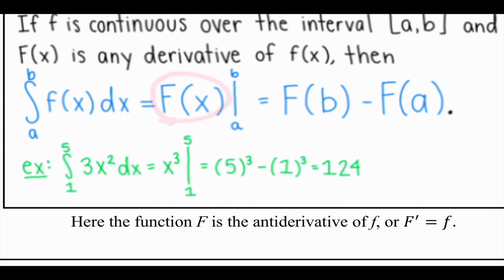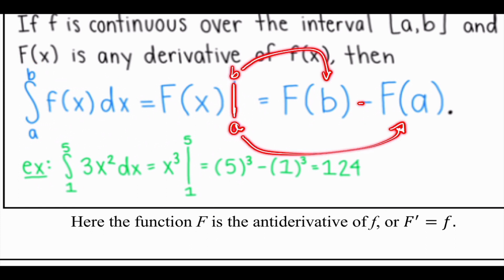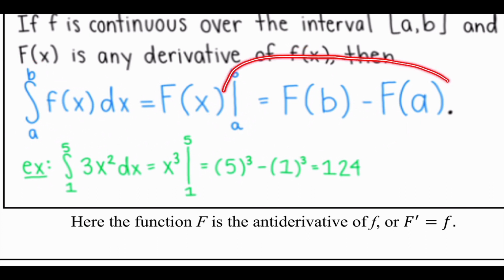Nothing different. And then once you're through with that, you're going to evaluate it from b to a. What does evaluate mean? It just means plug in and subtract. This is really the new part here. Evaluation just means plug in, and then after you plug in, you subtract.